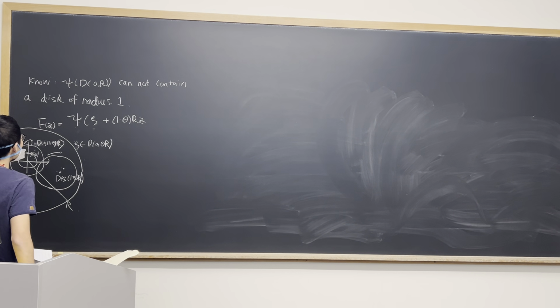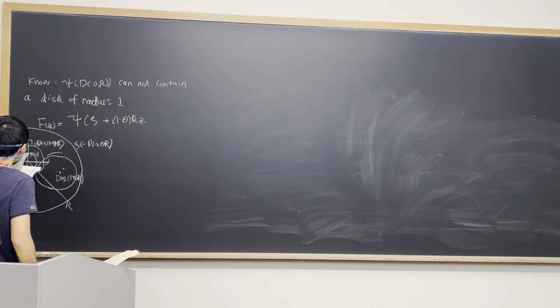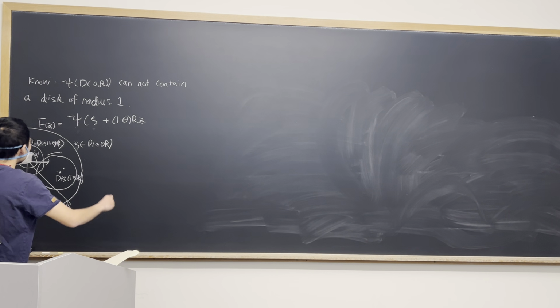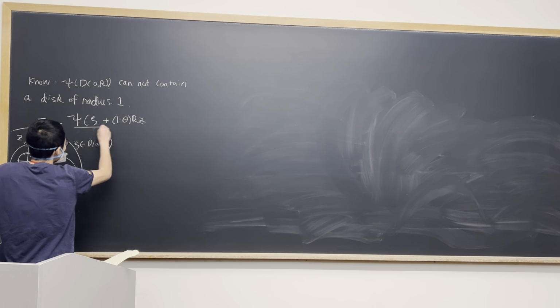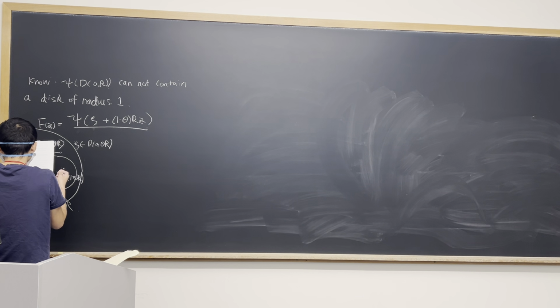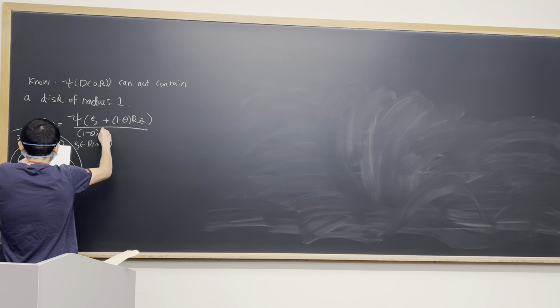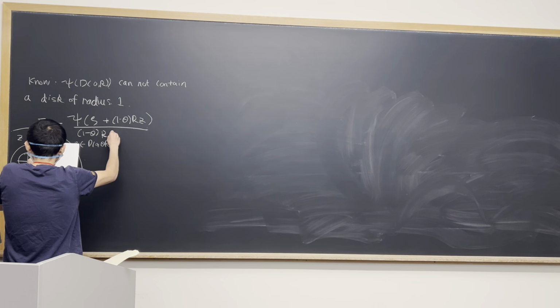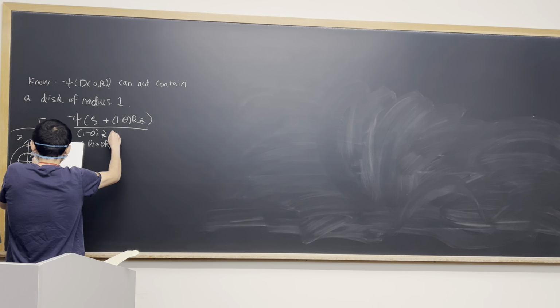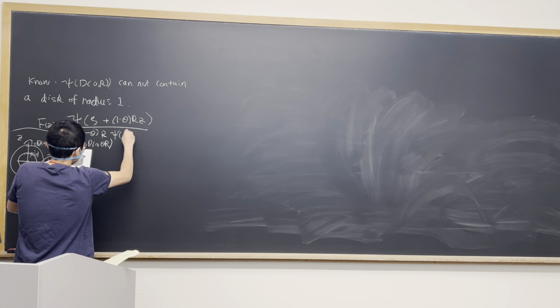And then we take F. F of z is over this whole thing, over 1 minus theta r, times phi of theta.